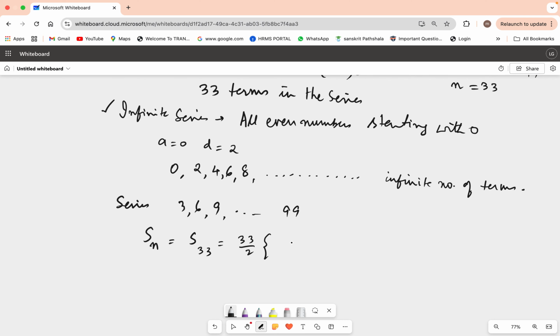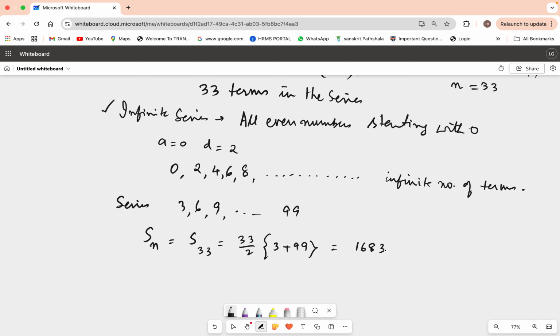The second method we have to use here. So 3 plus 99 is 102, 102 divided by 2 is 51. So 33 into 51, on simplification, you get 1683.